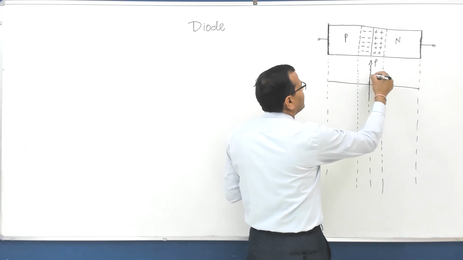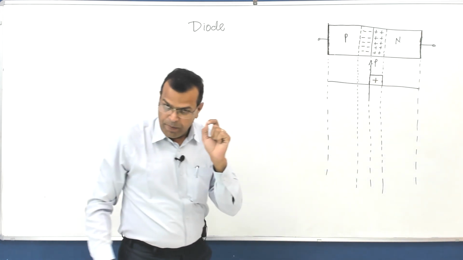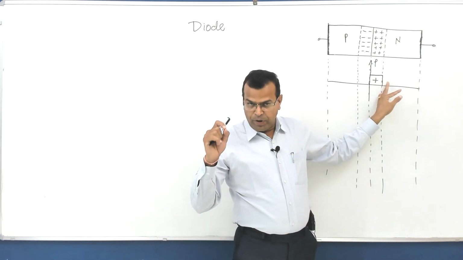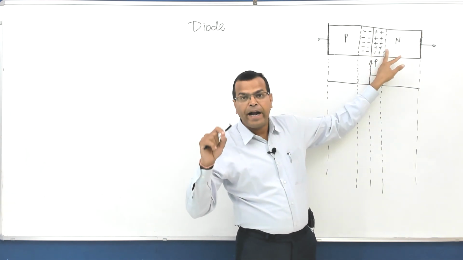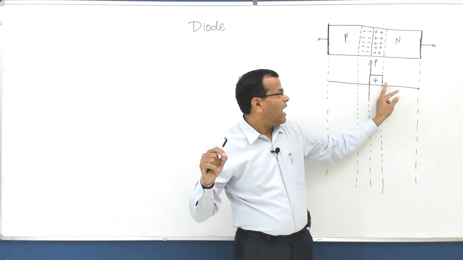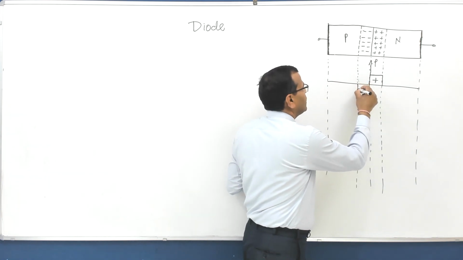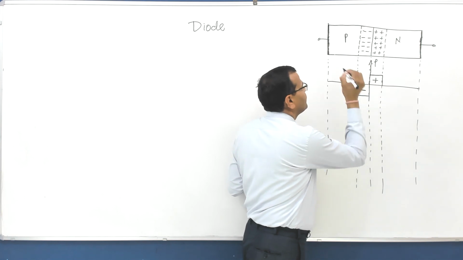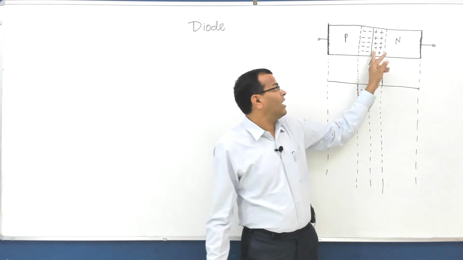The charge density on N side is nothing but positive. So this is positive. What I am assuming is that the positive charge is ending abruptly at this boundary. Similarly on this side, if you see the charge density, it is negative on P side. So how to find this charge density?